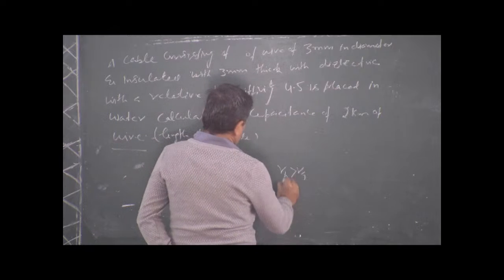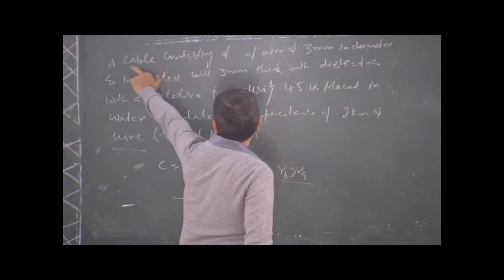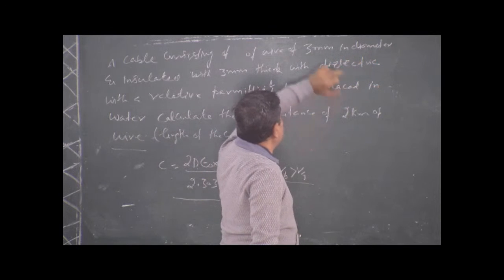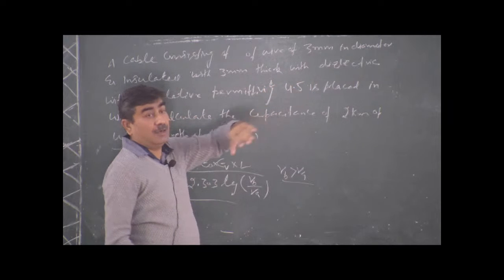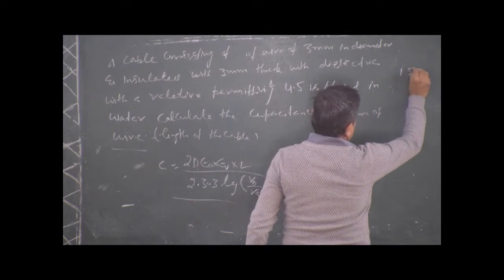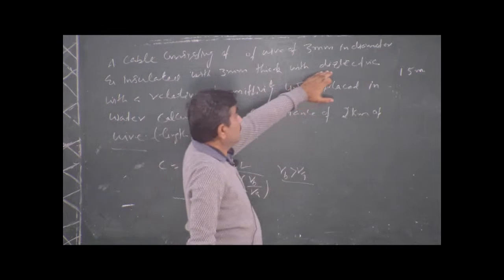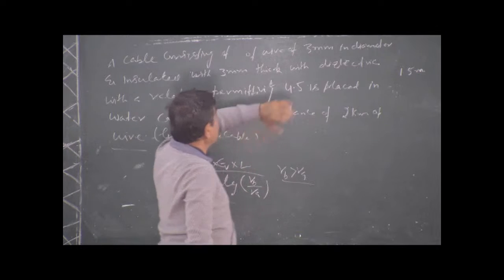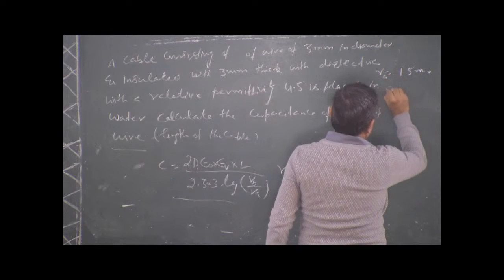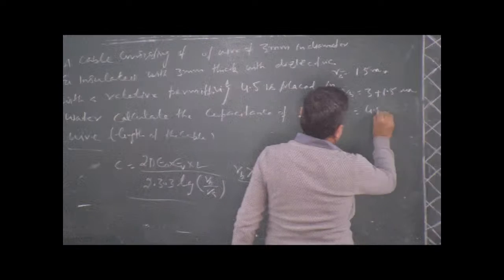तो यहाँ से सबसे पहले जो आपने रेडियस निकालना है, ये क्या है, a cable consisting of wire of 3 मिलीमीटर इन डायामीटर। तो इसका क्या मतलब हुआ कि जो वायर का रेडियस कितना होगा, internal radius, it will be 1.5 मिलीमीटर। अब इसके ऊपर 3 मिलीमीटर थिकनेस की जो है वो डाइलेक्ट्रिक चढ़ा हुआ है, तो उसके का ये होगा आपका RA will be equal to 1.5 millimeter and RB will be equal to 3 plus 1.5 millimeter, that is 4.5 millimeter.